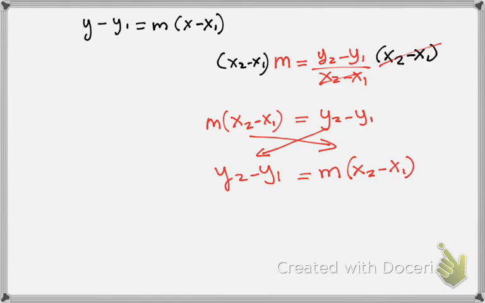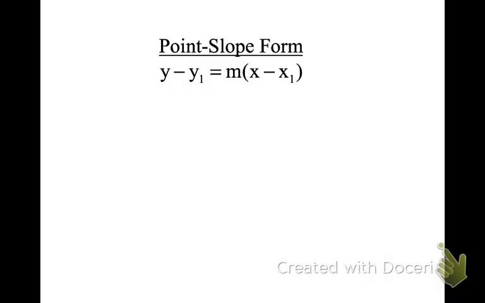It represents the second point. So for point slope, we don't need 2 points. We only need 1 point. We use our generic y and our x, and we find our slope. And so this is how we got point slope. So let's go use our point slope formula.